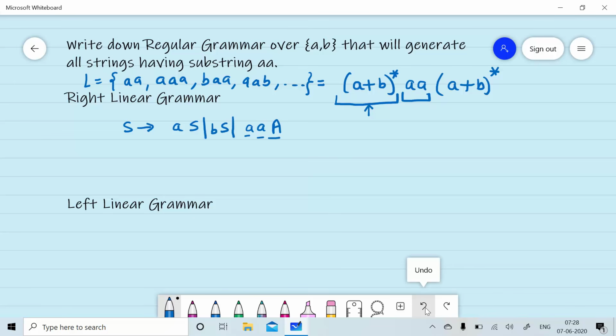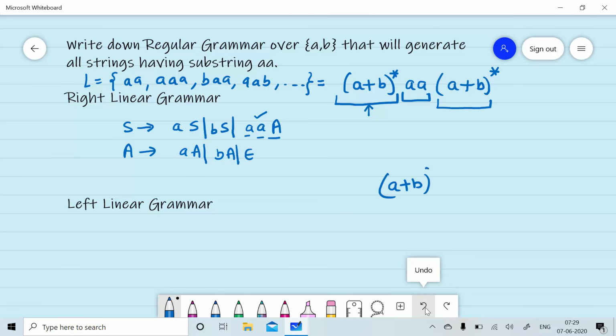Whenever S is replaced by this production rule, it will generate the substring aa. Now we want to generate any number of a and b, which can be generated using A gives aA, bA, or null.